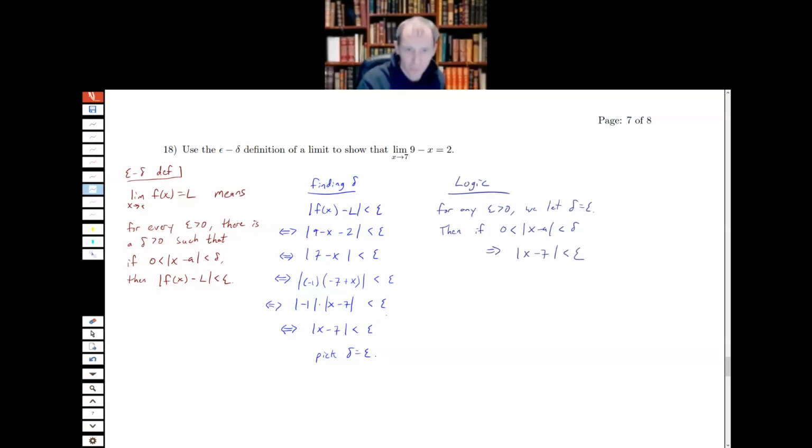And then referencing our work over here, we just use these same steps backwards. So we don't have to write them down again. We already did the work. It's just upside down. Okay. So that tells us the absolute value of f of x minus L is less than epsilon because we already did the steps to connect them. So that gives us the limit as x approaches 7 of 9 minus x is equal to 2.